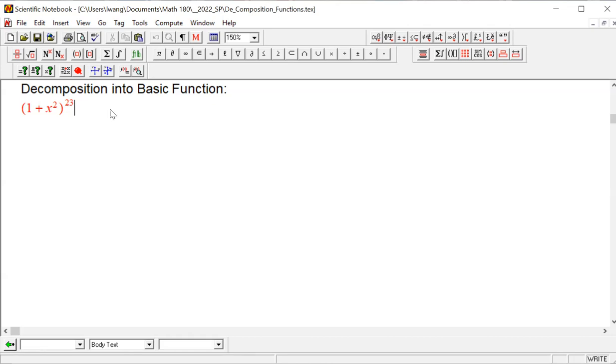So this is how we do that. We're going to treat this as something to the power of 23. So that's a function. This is my f function.